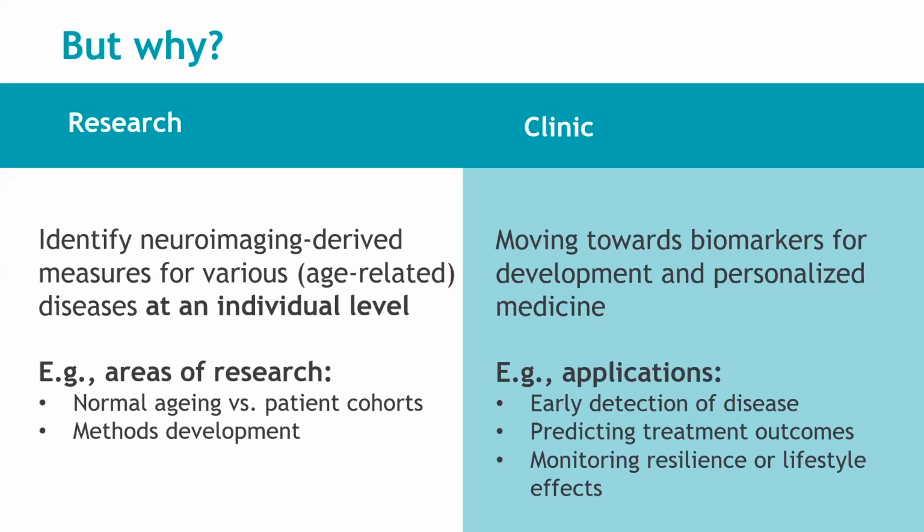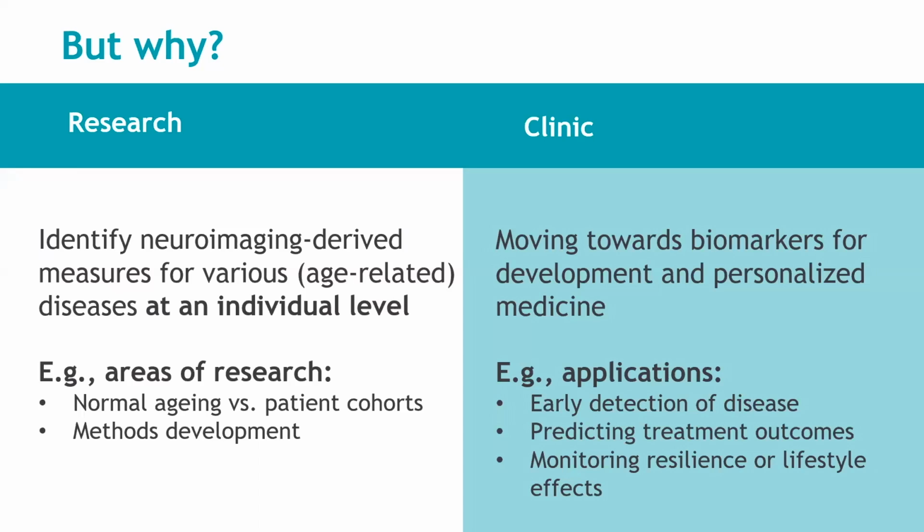And if we look into the areas of research, it has been used to understand normal aging. It also has been used to address, for example, neurodevelopmental disorders as well as age-related diseases. I think it also has been applied in psychiatric populations now as well. And I would say that the methods development behind brain age prediction in itself also is quite a different area in research now as well.